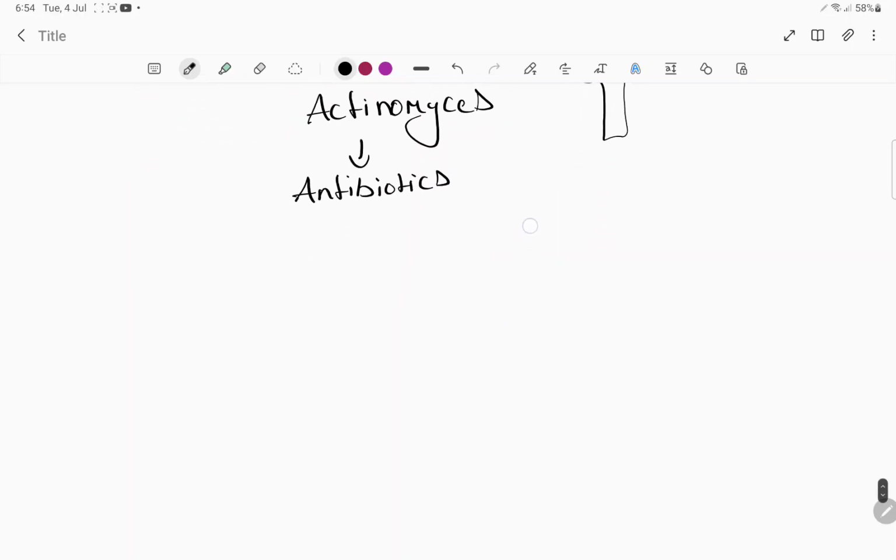Next, coming to nutrition. The nutrition of bacteria is very simple, and they are very complex in behavior compared to many other organisms.